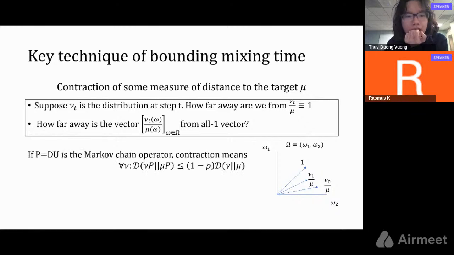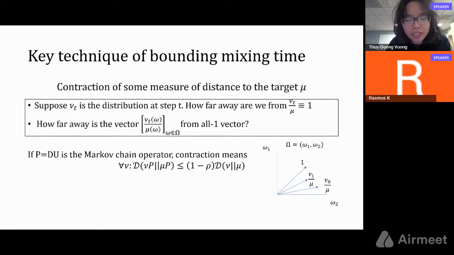And by contraction of measure, I mean that suppose we have some distance measure d. Contraction means that after applying the Markov chain operator on our distribution, the distance between nu and mu is reduced by some factor 1 minus rho.